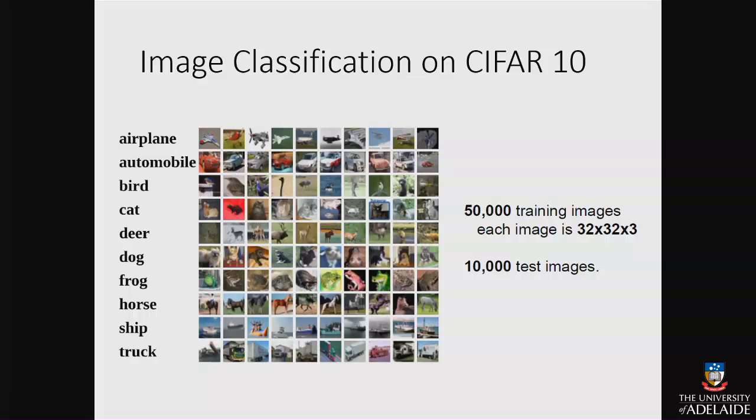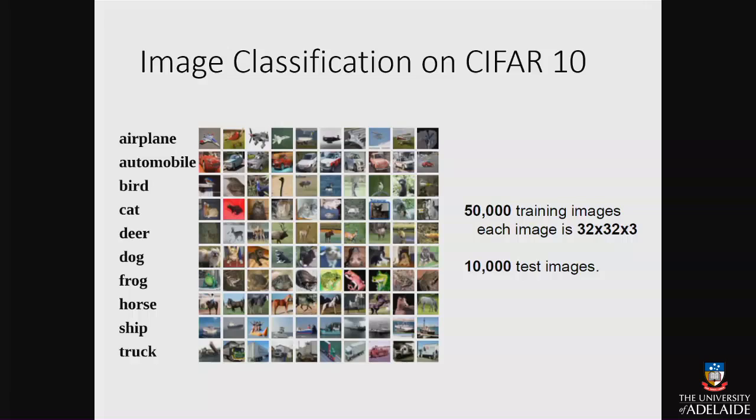Before introducing the linear classifiers, we need to know what the task of classification is. Take the image classification task as an example. Given an image, you need to learn a model to classify it into one known category. For example, the famous CIFAR-10 dataset has 50,000 training images and 10,000 testing images.